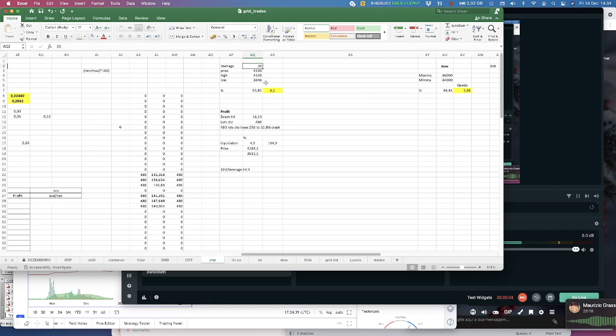Depending on your stop loss, if you go to 3x, then you're safe, because the liquidation price goes much lower than our stop loss.